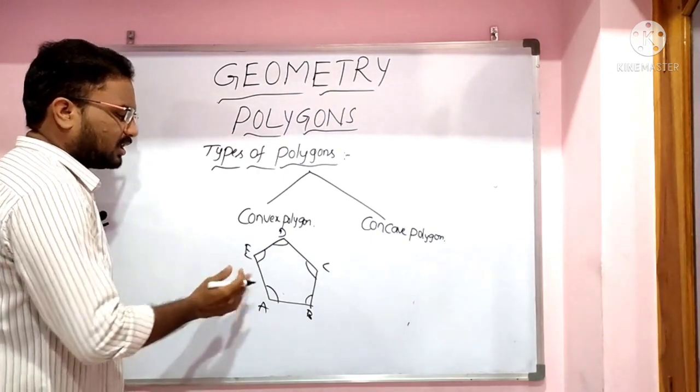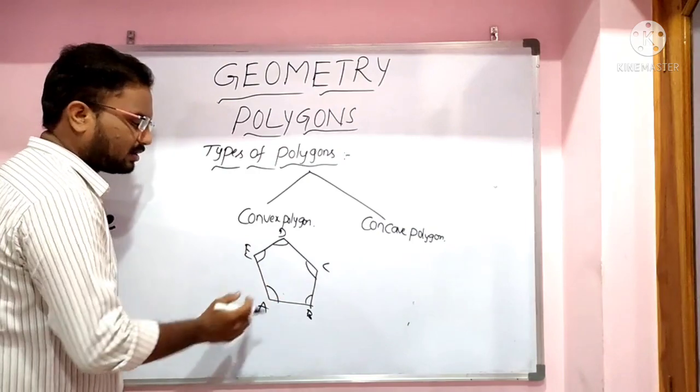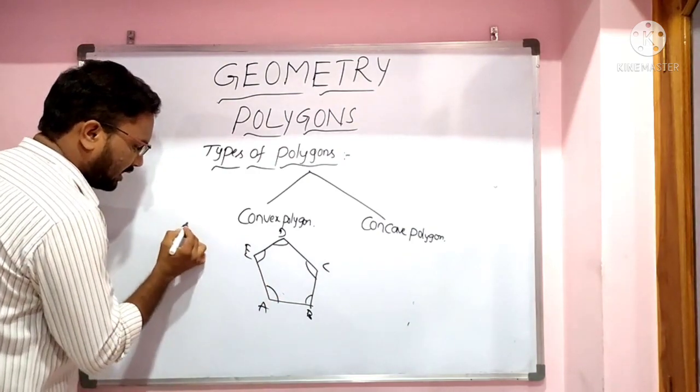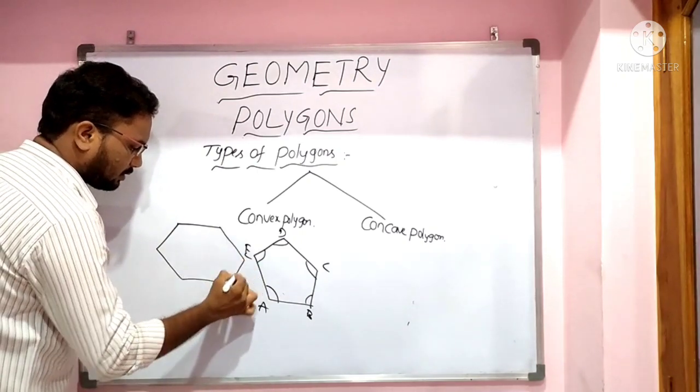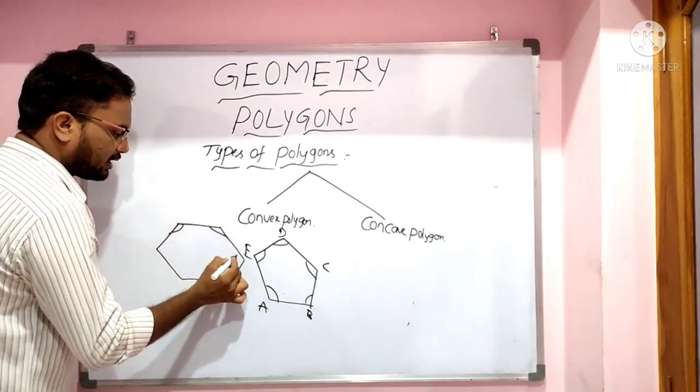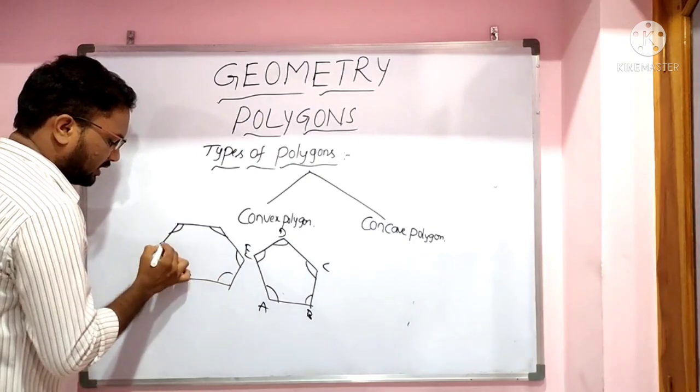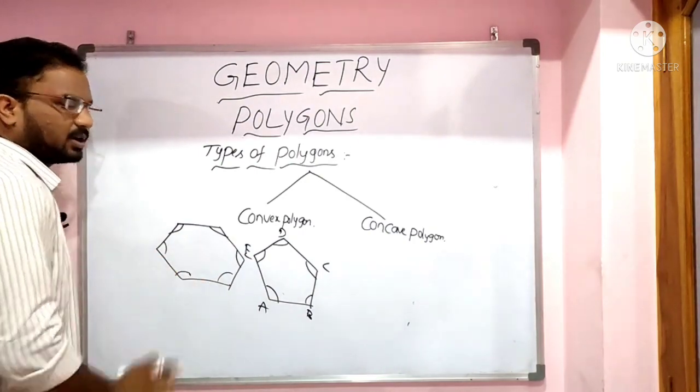Let's take another example. Here also all the interior angles are less than 180, hence it is a convex polygon.